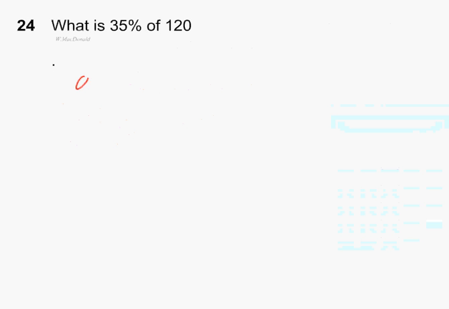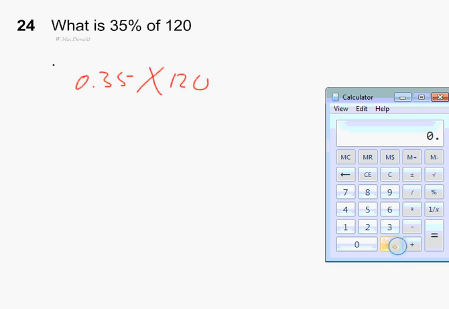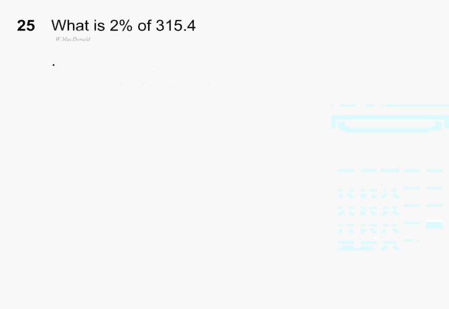35% is 0.35. So 35% of is multiplication of 120. Take my calculator. 35% of 120 is 42. 2%, same as the other question. 2% is 2 hundredths, not 2 tenths, which means it's 0.02 of 315.4.